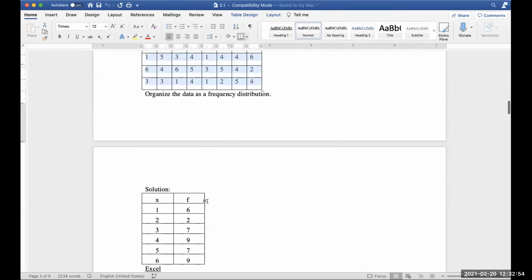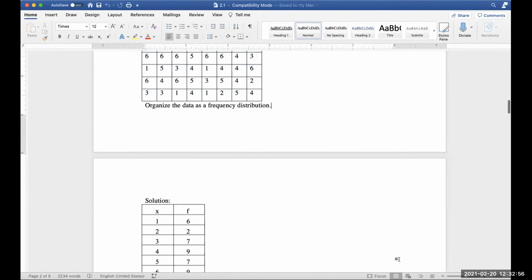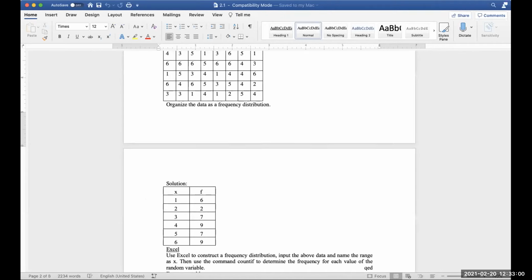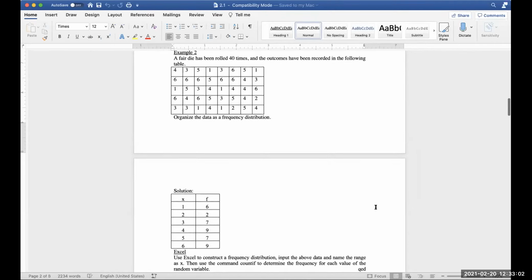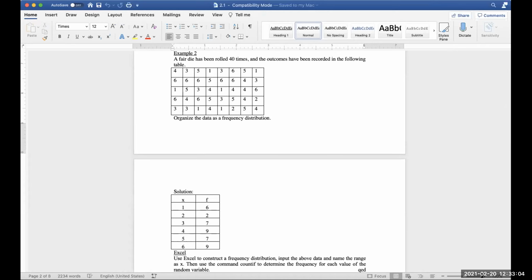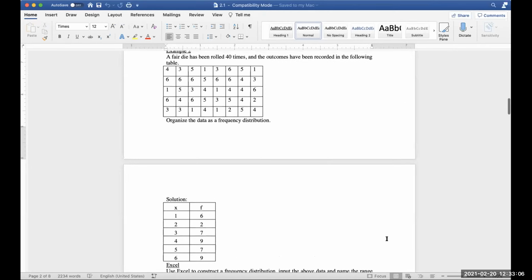Let me do it by hand. That's enough. Yeah, there, I can finally see it. Okay, so the differing values the random variable can take are 1, 2, 3, 4, 5, and 6.